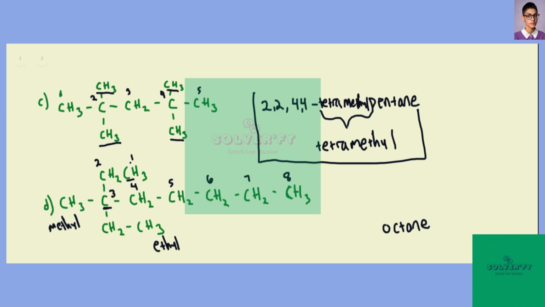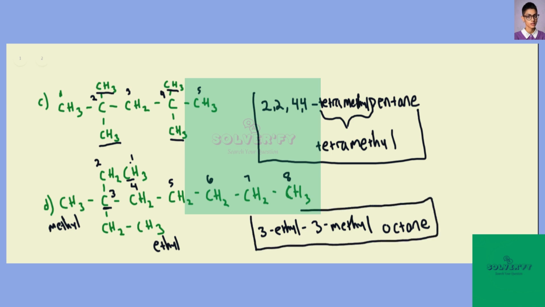So to name this compound, we're going to say we have an ethyl in the third position and a methyl in the third position, and our root is octane. So because there are no substituents besides those 2 groups, our name for D is 3-ethyl-3-methyloctane.